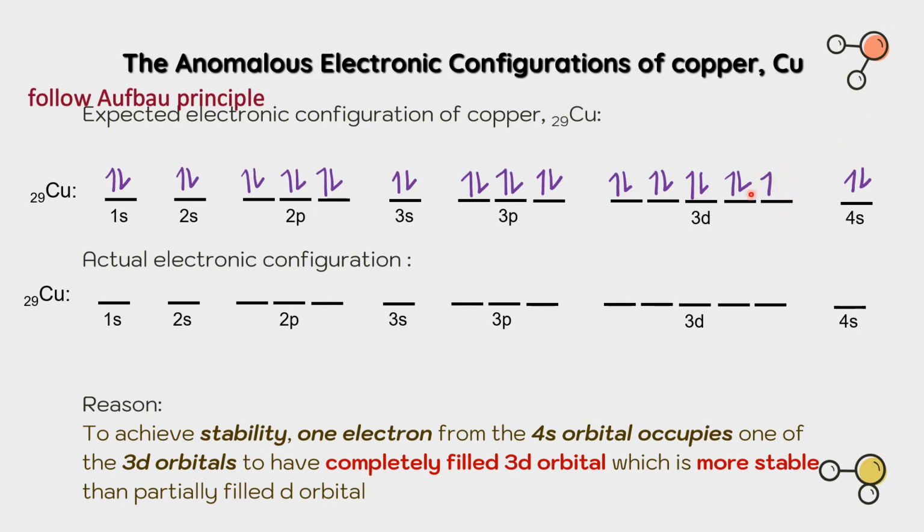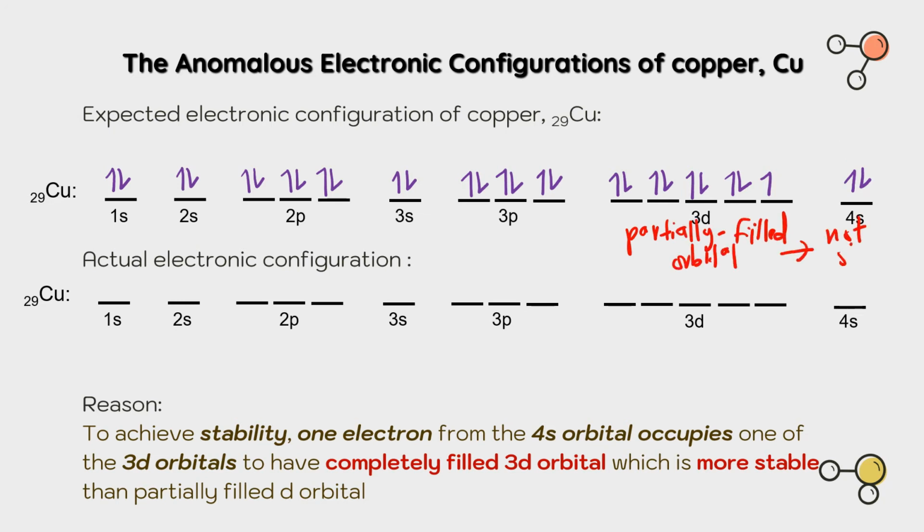The existence of this single electron causes this arrangement to be called a partially filled orbital, and this partially filled orbital is highly unstable. To make this arrangement more stable than before, one electron in the 4s orbital will jump to the single electron in the 3d orbital, becoming completely paired electrons.